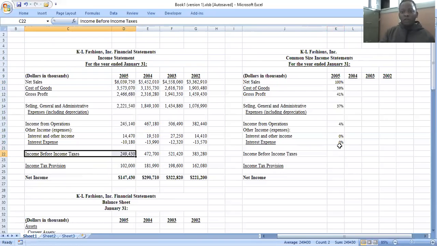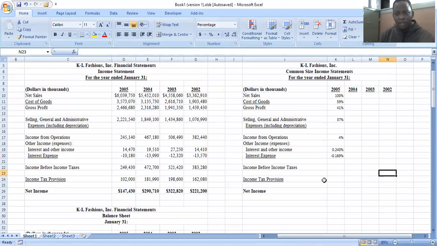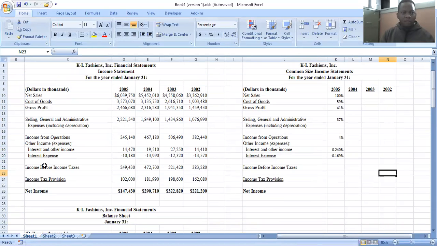Before rounding off, it must be something like 0.24 and negative 0.169.